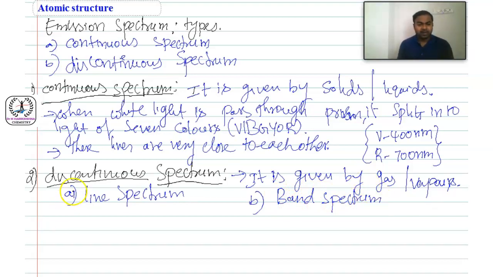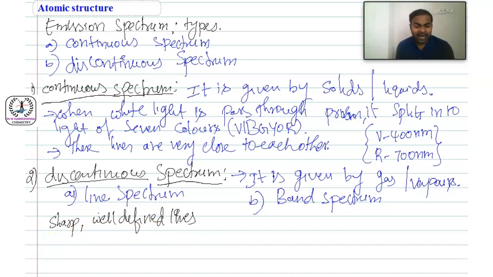Now about line spectrum. Line spectrum is very sharp; the name itself says it has very sharp, well defined lines. That's why we call this the line spectrum.